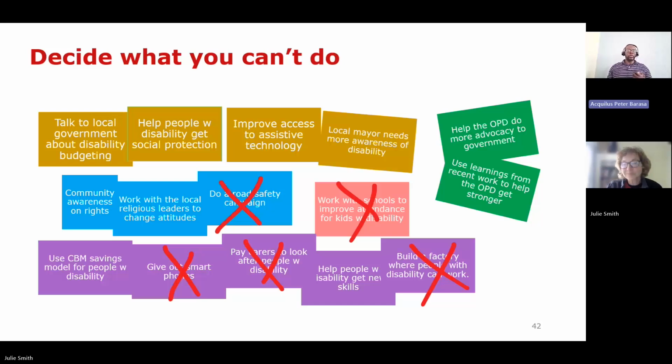For now, you've got an idea that you're going to work with government, you're going to help the OPD to do more advocacy and get stronger. You're going to change community attitudes, you're going to help improve people's income. So from the consultations, it's starting to develop. So now with your smaller group, it's useful to develop a theory of change.